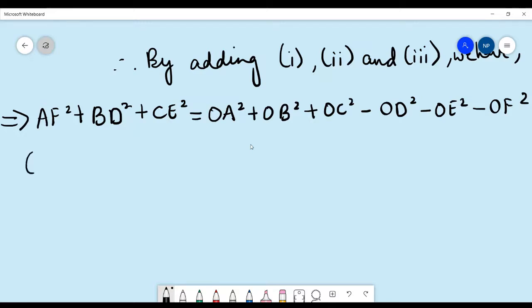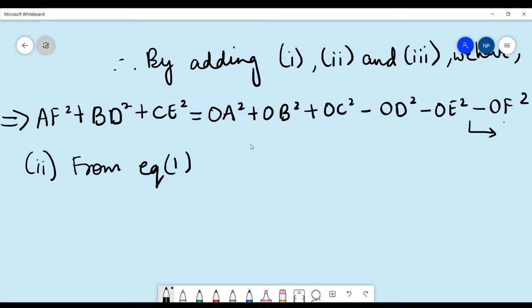Now the second part, if you see the question, children, it's written as AF square plus BD square plus CE square is equals to AE square plus CD square plus BF square. Alright. So we are going to write over here from the first part that we have known. From the first part, this particular equation, sorry, not equation 1.